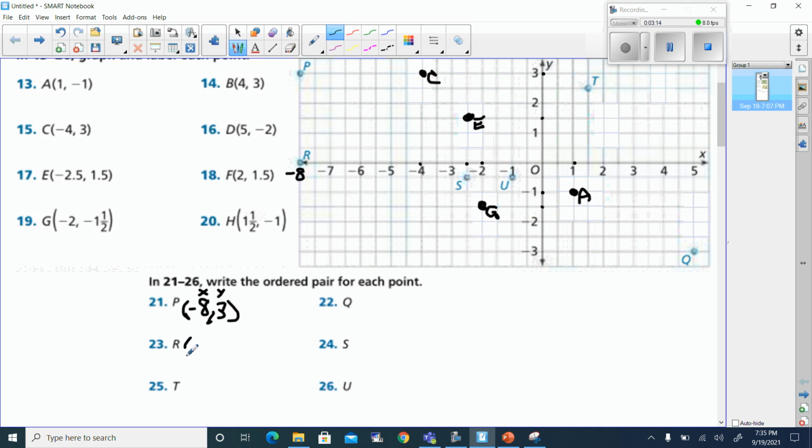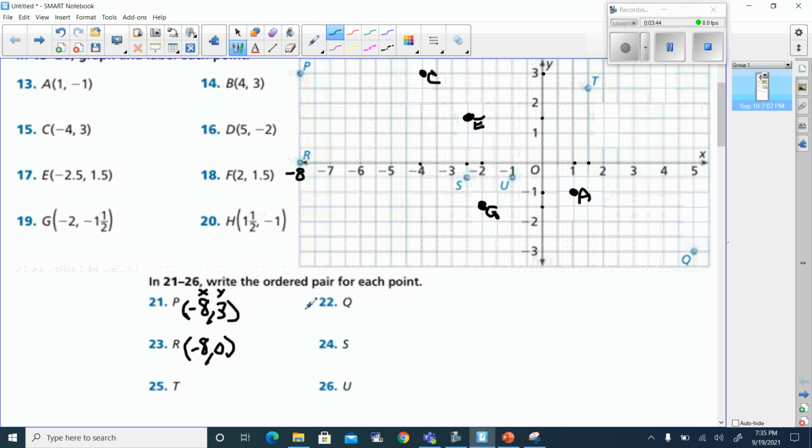All right, let's try to find R. Well, I find R right over here, and R is at -8 as well, but this time it's at 0. So -8 and 0 would be my answer. Then there's T. T is way over here. On the number line, that's going to put me at 1.5. It's because that's between 1 and 2. So 1.5, and then between 2 and 3 is 2.5.